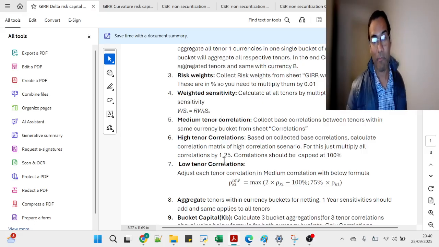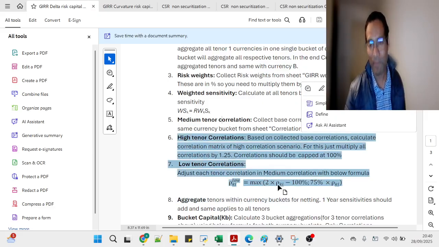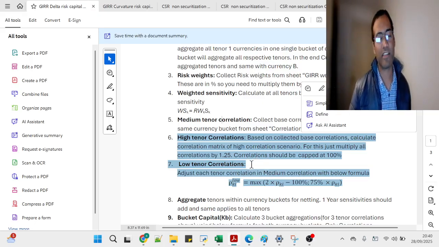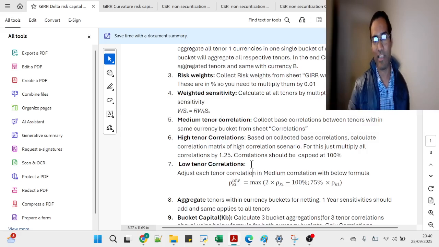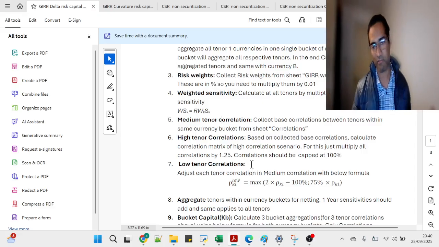Because I will calculate two more correlations, high tenor correlations and low tenor correlations. Why? Because correlation is a very volatile parameter. It can change. It is not a perfect parameter. Correlation between tenors and between buckets can change.